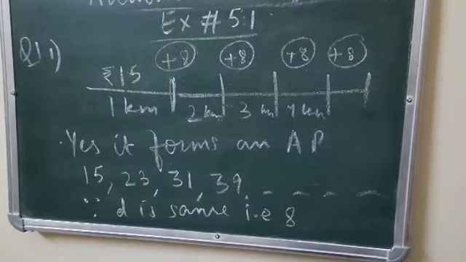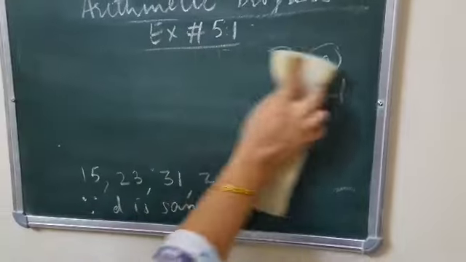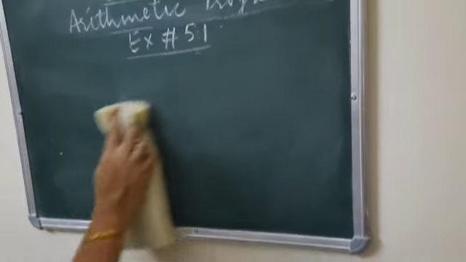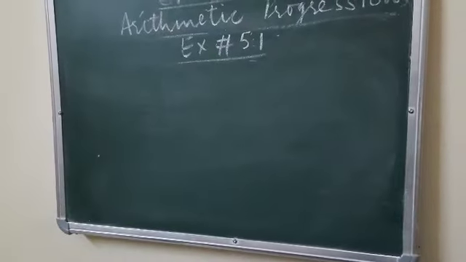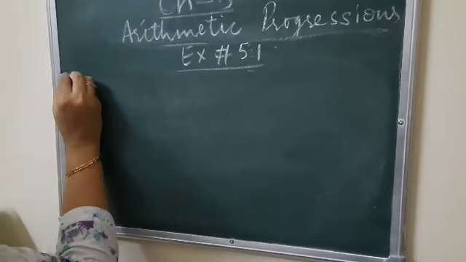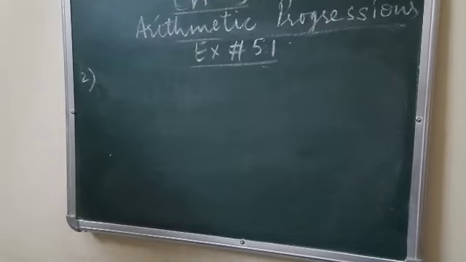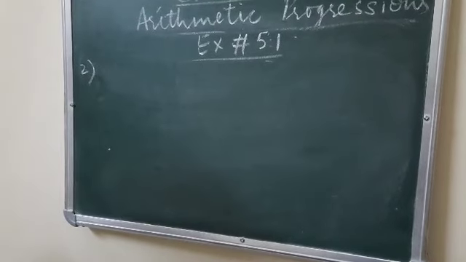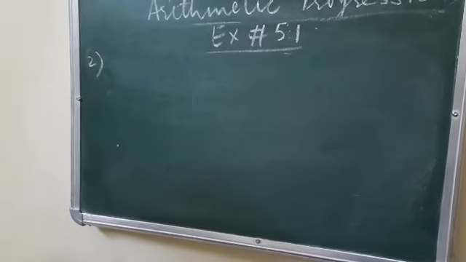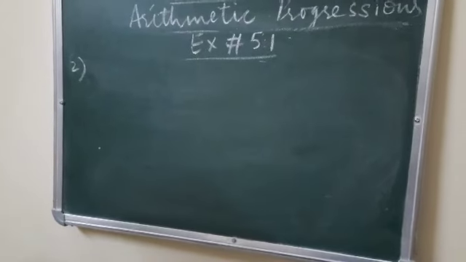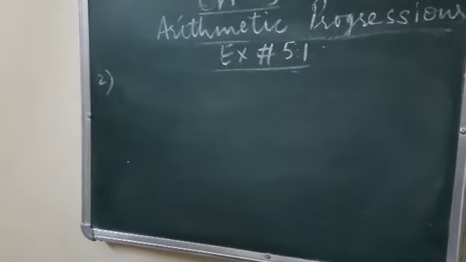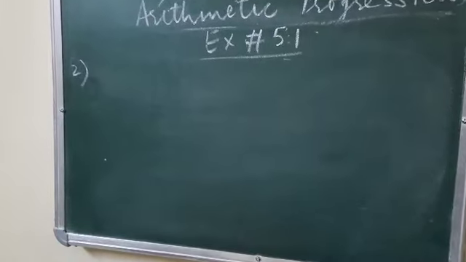The second part of the question is a little bit confusing, so read it carefully and understand it. The amount of air present in a cylinder when a vacuum pump removes 1/4 of the air remaining in the cylinder at a time. Now a vacuum pump is there, and some amount of gas is already present in the cylinder.